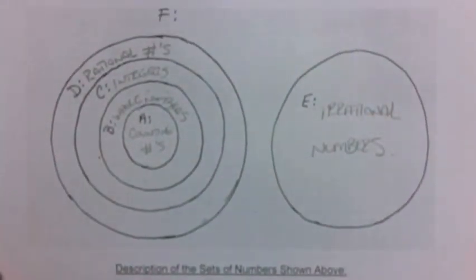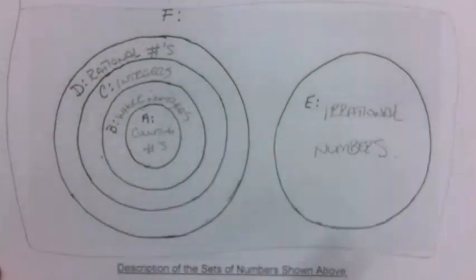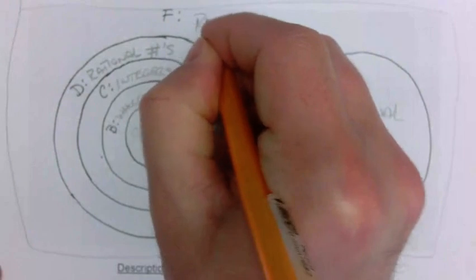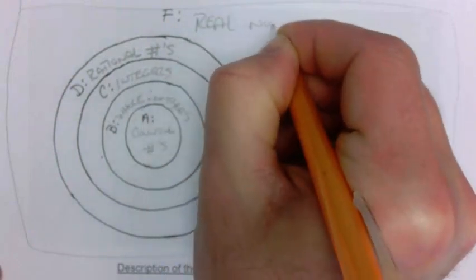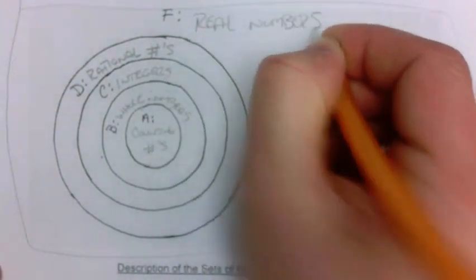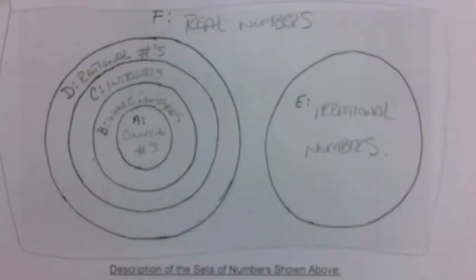And then finally, letter F. Letter F contains all of these numbers here, rational numbers and irrational numbers. The entire group is called real numbers. This is the real number system, rational numbers and irrational numbers.